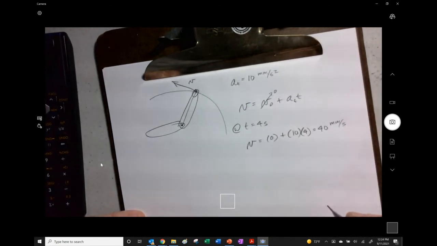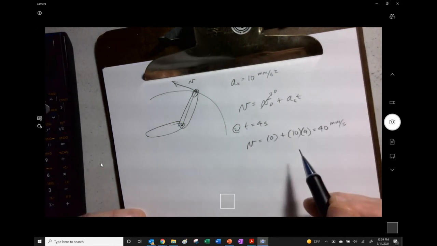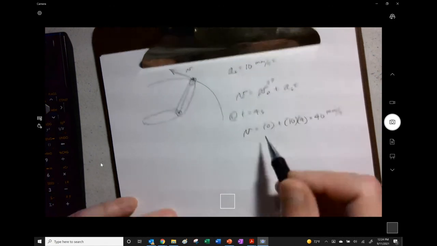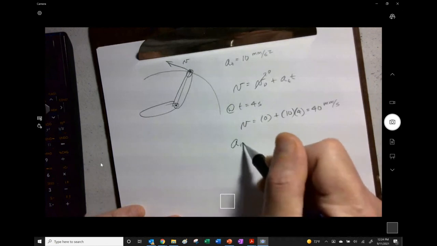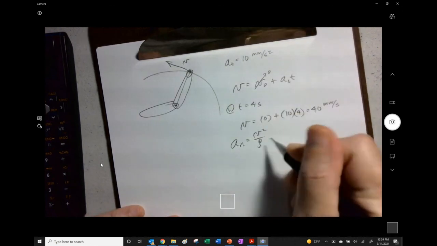And so, how come I said it was? They told us the tangential acceleration. Oh, I see, okay, I got it. So we can get the acceleration in the normal direction, v squared over r.